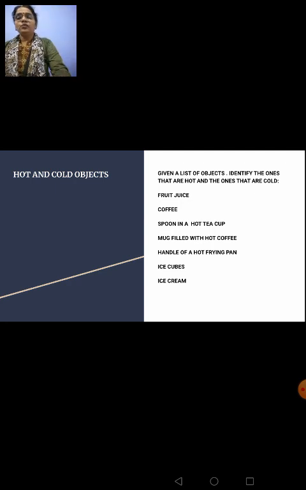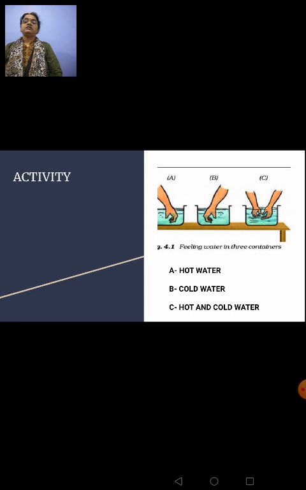In your book you have this activity, 3 troughs, A, B and C. In trough A you have hot water, in trough B you have cold water, in trough C you have a combination of hot as well as cold water. By putting your hand inside troughs A, B and C, you have to tell whether the water is hot or cold. When you put your hand inside trough A, obviously you'll feel the heat and say the water is hot.